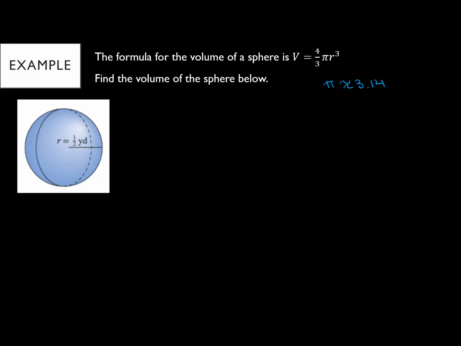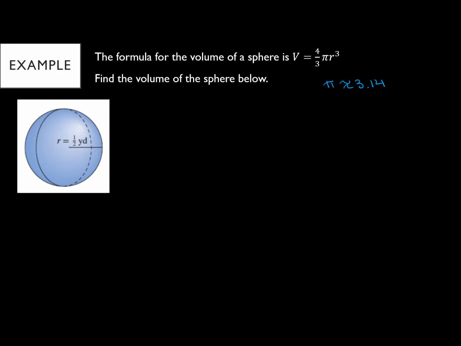But if you don't have a pi button on your calculator, you can just use 3.14. So it's just a special number that has a special symbol because it shows up a lot in various formulas. You'll see it in circumference of a circle, area of a circle, volume of a sphere. Because that same number shows up so many times, that's why it has its own special symbol.